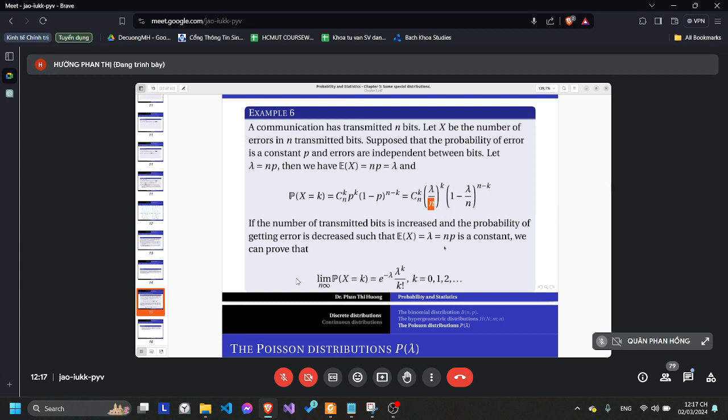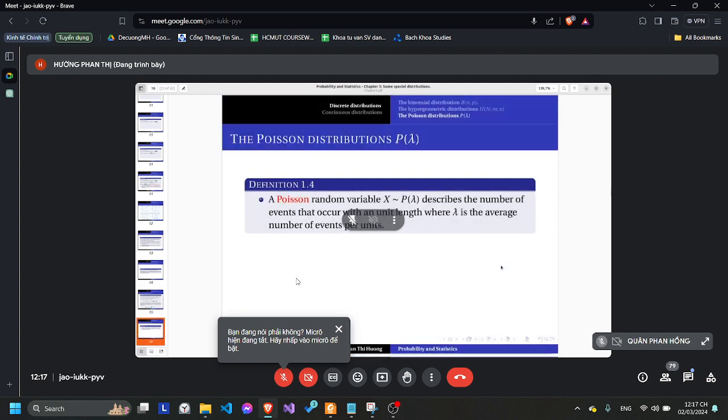In this case, we define the limiting distribution of the binomial distribution as the Poisson distribution. We derive the Poisson distribution based on the limiting distribution of the binomial distribution. So officially we define a Poisson distribution.